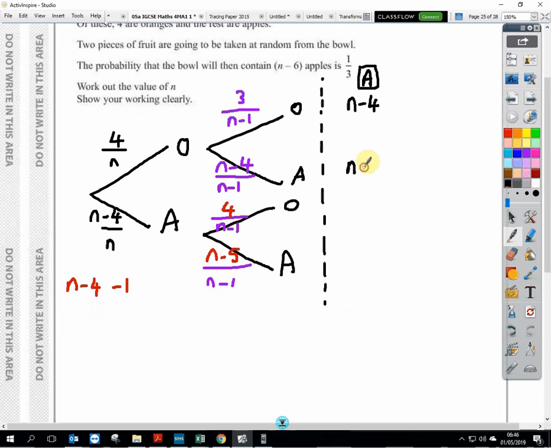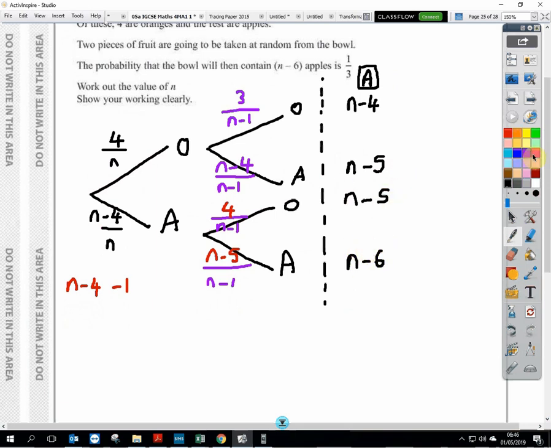Originally there was n minus 4, but there's 1 less, so now there's n minus 5. This one, you've taken 1 apple followed by 1 orange, so only 1 apple less, so it's n minus 5. And in this case you've taken 2 apples, so we subtract 2 from n minus 4, and that gives us n minus 6.